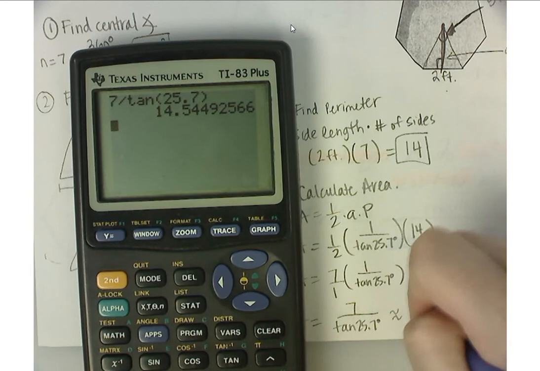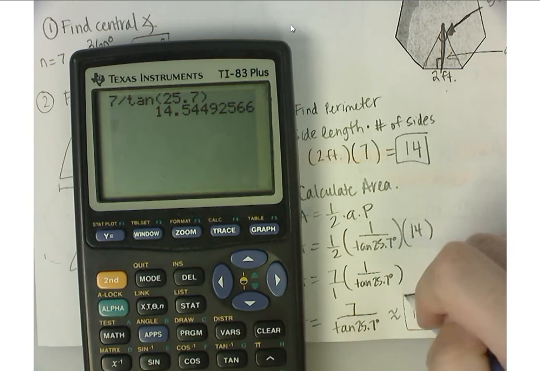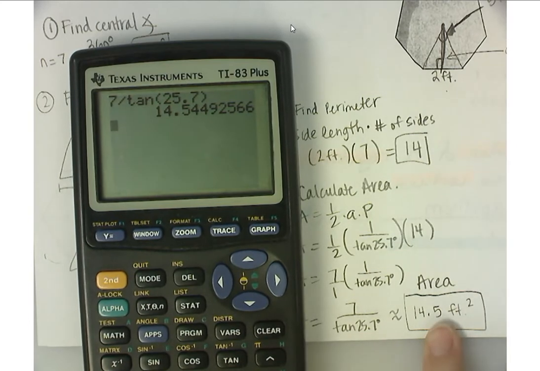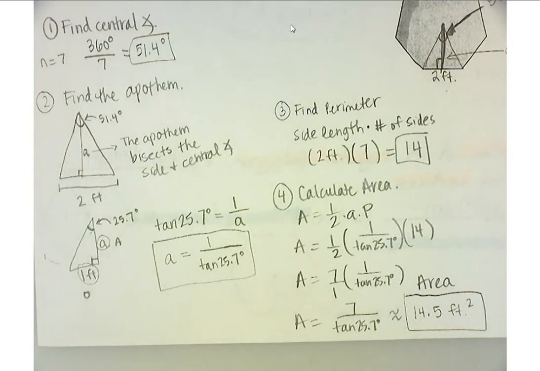That's going to round to about 14.5 feet squared. It's really important that you're putting your units on. For every problem here, you should have your units. What are we going to remember to put for every problem? Units. Good. So that's going to be in feet squared.